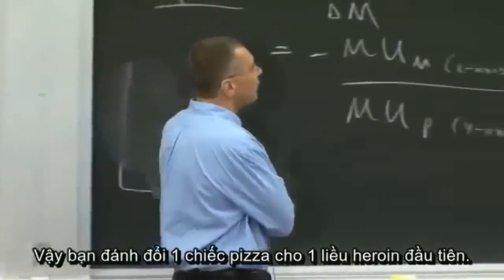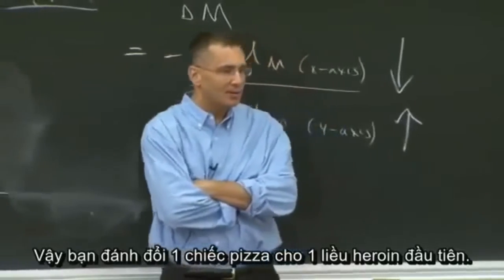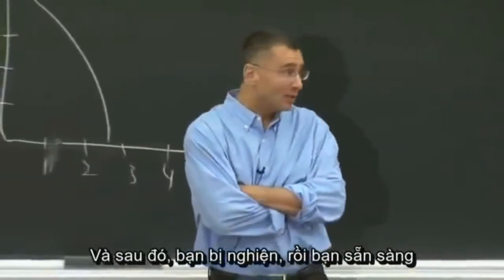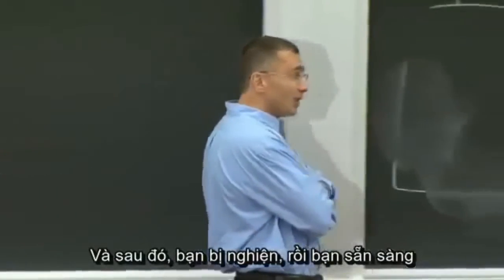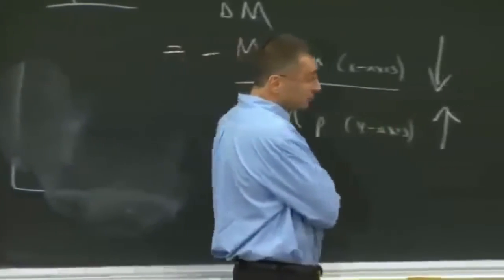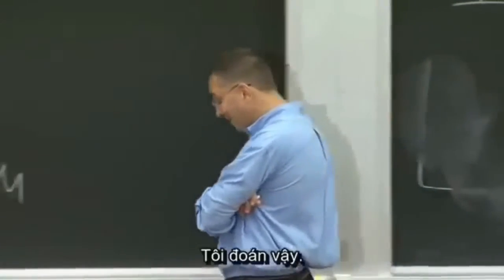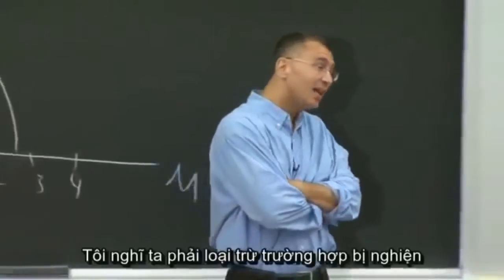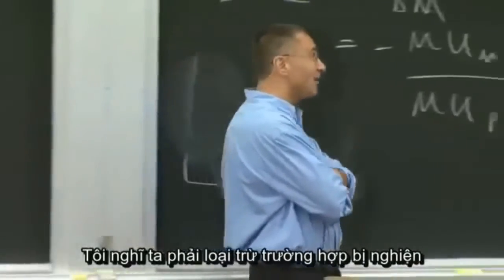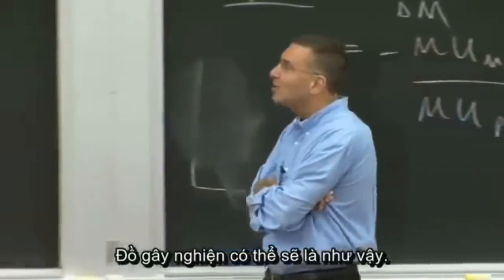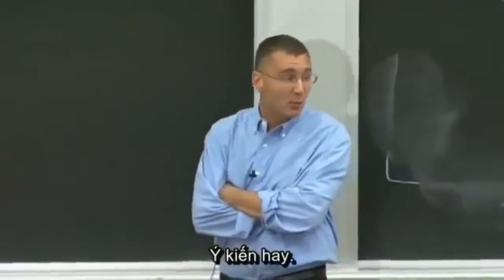So you give up 1 pizza for the first shot of heroin, okay, and then you're hooked. Yes. So then you'd be willing to give up 2 pizzas for the next shot of heroin. Yeah, I guess that's right. I guess we're going to have to stay away from addiction in this course. An addictive good could look like that. That's a very good point.